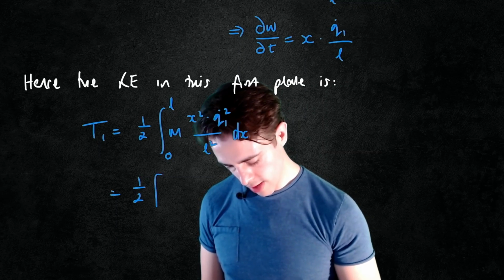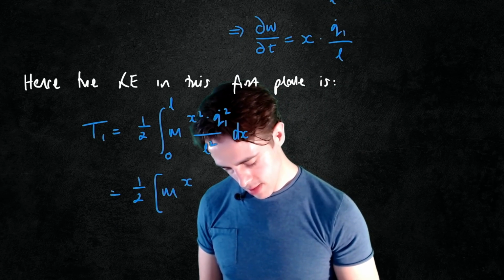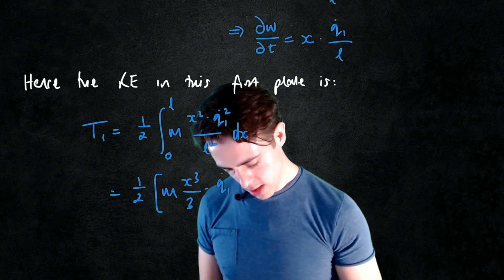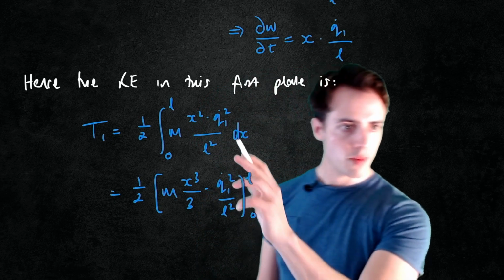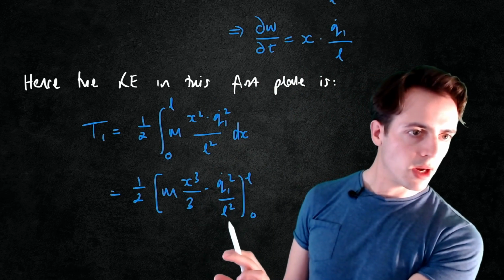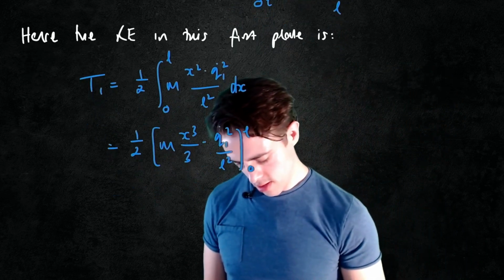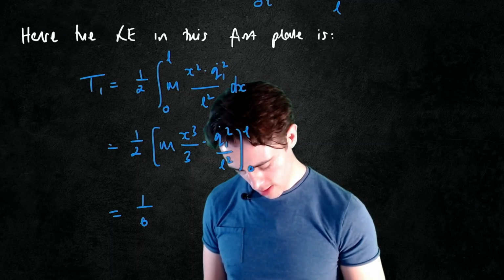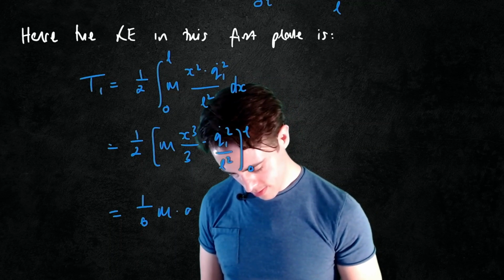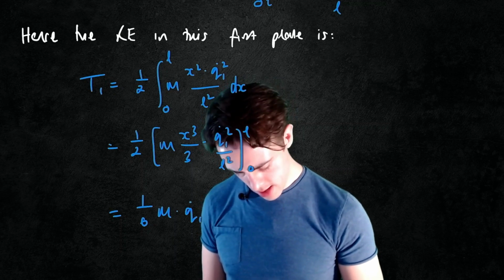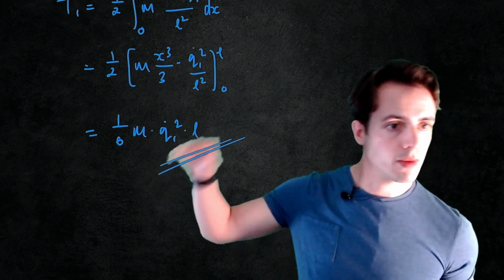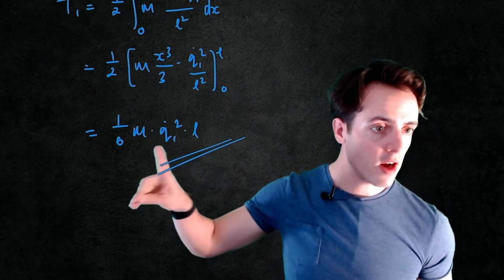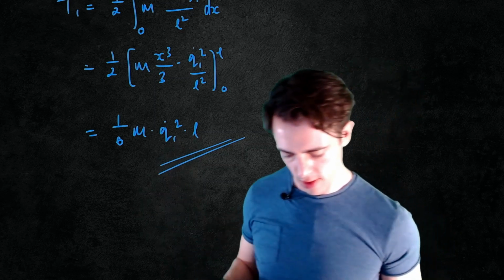If we perform the integration, x cubed on 3, Q1 dot squared on L squared, and then the limits are L and 0. So this becomes L cubed divided by L. So we end up with the expression 1 on 6 m Q1 dot squared multiplied by L. This is the kinetic energy contained within this first plate as a function of the first time derivative of that generalized coordinate.